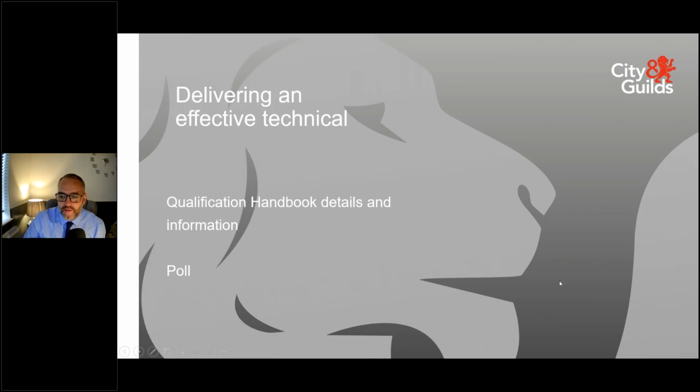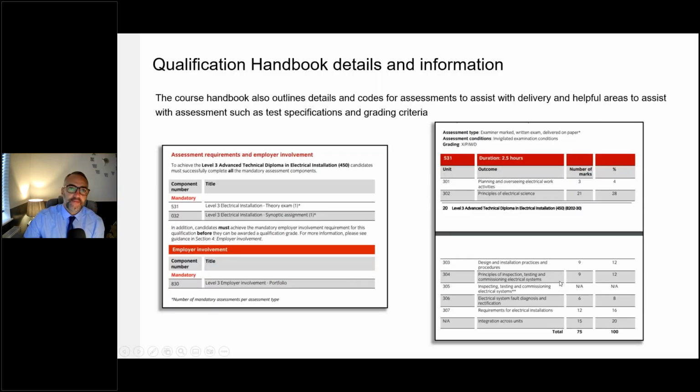So let's have a look at the qualification handbook. If you're running the 802 or any technical qualification, it's always useful to start from this point because it points out key aspects of the qualification you'll be delivering. The two snips we've got on the screen, the one on the left is against the level 3 technical in electrical installation, and it shows you the component numbers of the assessments.